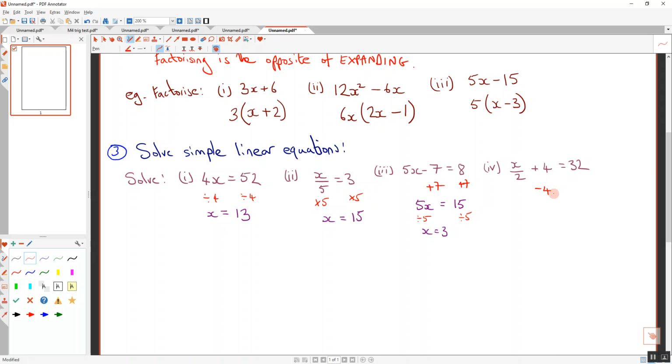So what does that leave you with, Ian? 28. Yeah, 28. So I've got x over 2 is 28, and then I have to times everything by 2 to get rid of the 2 in the bottom, which is dividing. Which gives us x equals 56. Hands up if you got all 4 of those correct.